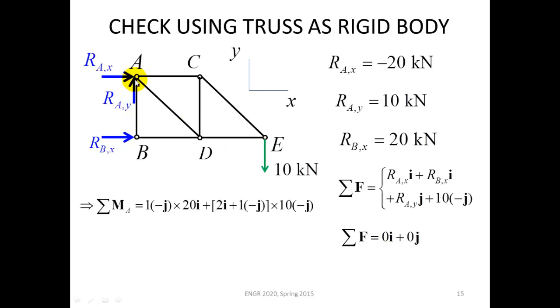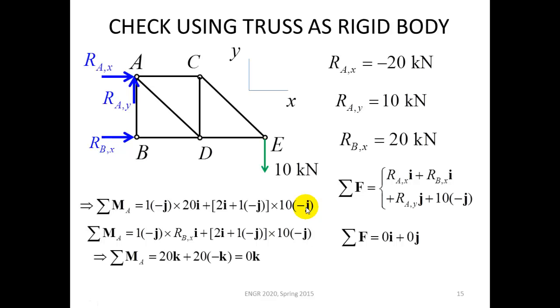If I take moment about point A, I don't have to worry about these two forces. The lever arm is r sub AB, which is 1 negative j, cross with 20 positive i, plus the moment arm going from A to E, which is 1 negative j plus 2i, cross with 10 negative j. j cross i is negative k, but there is a negative sign here already, so that gives me 20k. i cross negative j is negative k, 2 times 10 is 20, giving me negative 20k, so that the vector sum of moments is 0.